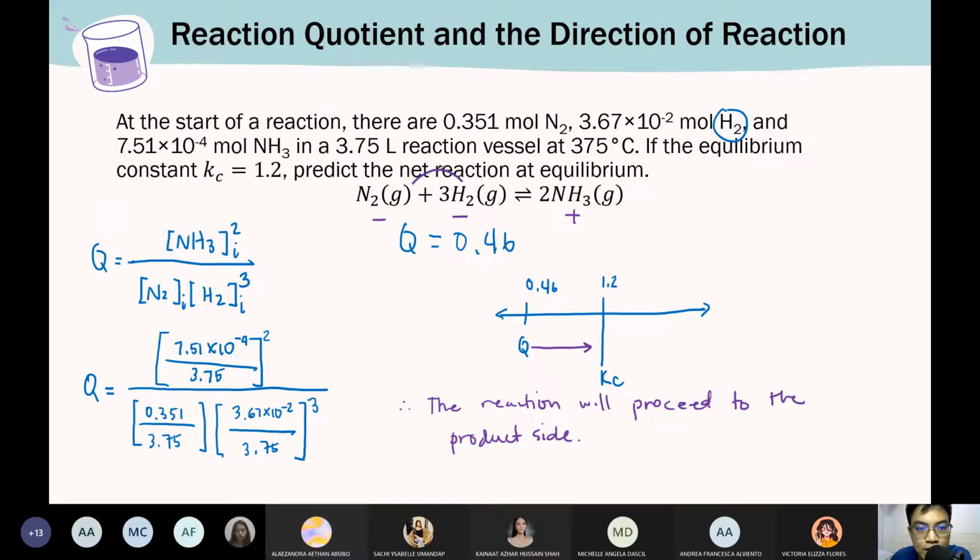So again, they need to form the product. Meaning your reactants will decrease in concentration while the product will increase in concentration. Ganun lang siya ka-simple.